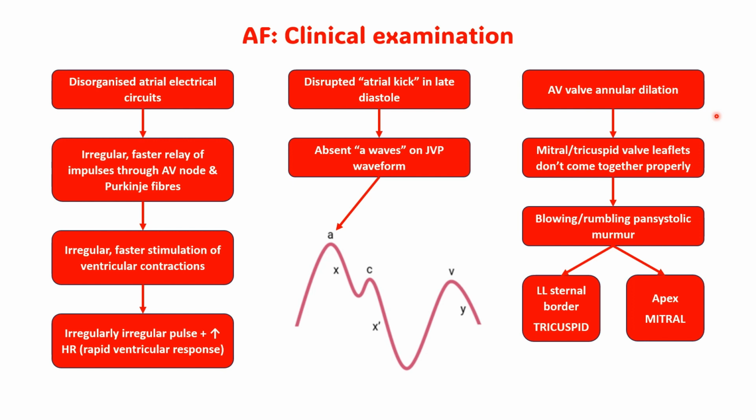On your inspection, remember about a raised JVP, related to heart failure, and ankle swelling related to heart failure. Palpation, when you're feeling for the pulse, it's going to feel irregular. And when you're palpating the apex beat, there may be a radial apical deficit.